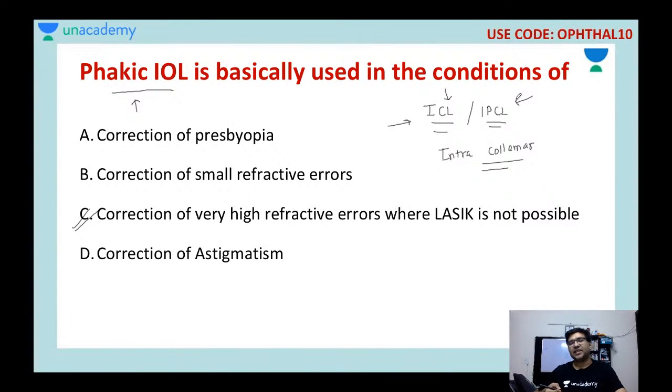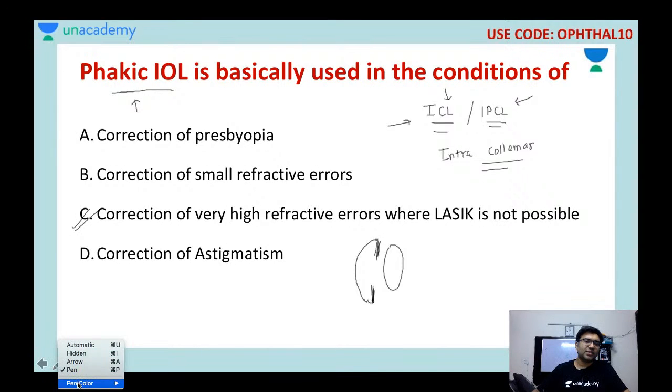Sometimes there is a thin cornea, and because of the thin cornea, you cannot do LASIK in the patient. But to reduce the refractive errors, you can put this intraocular lens in the space between the iris and the crystalline lens. This is the crystalline lens. So you put the lens in this space.